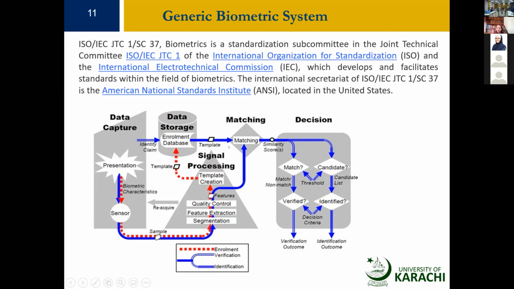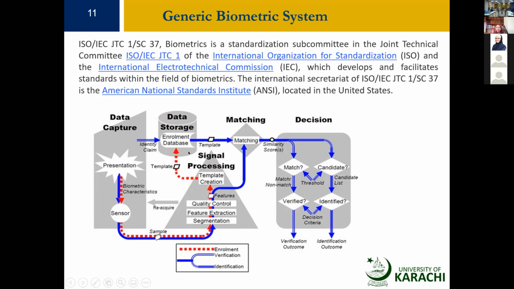You can see matching, which is simply an if-else statement: if the score appears to be similar for two faces, then it goes for verification and identification. Before matching, you can see a template traveling between the data storage and the matching component. This is the consumer end, but before the consumer, this is what the software developer does.